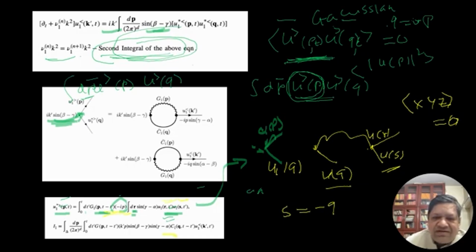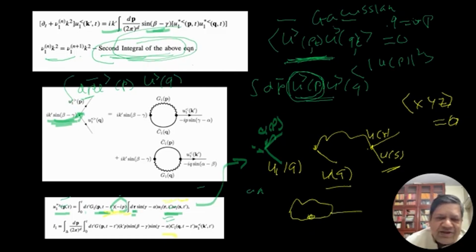Okay. If that is the case, if s equals minus q, then let's get rid of this object. For that particular case, I can write it: these two come together and make a correlation function.